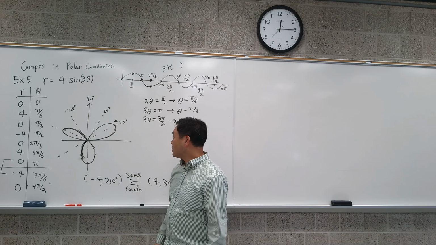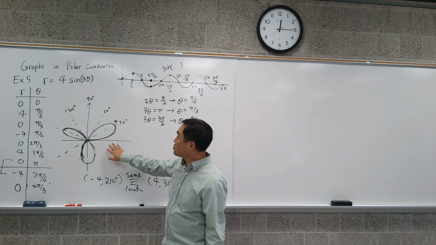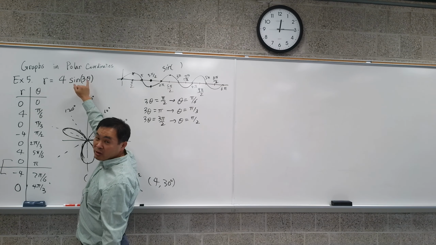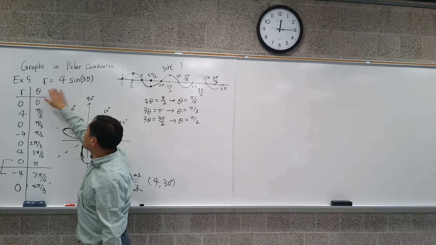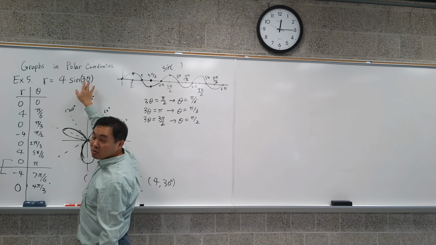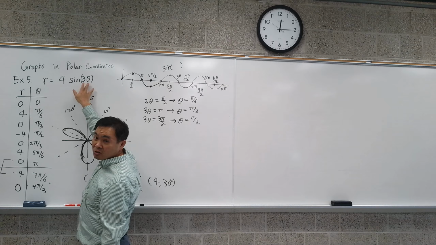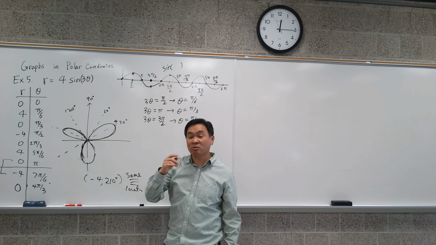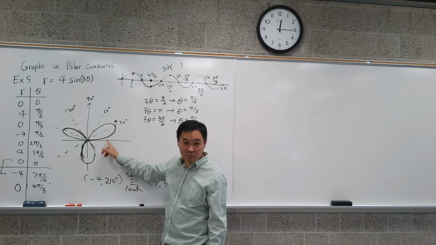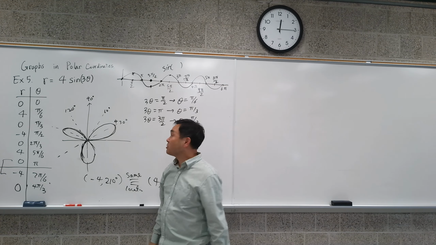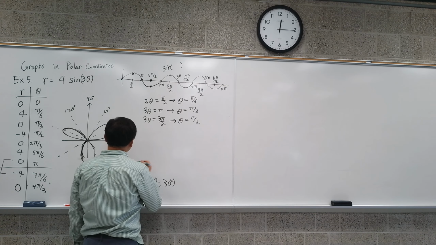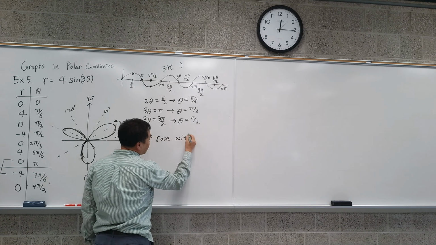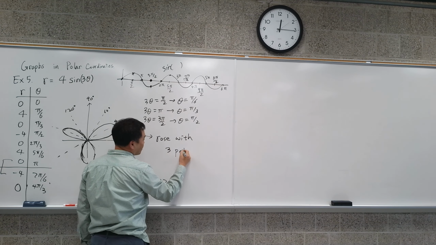Okay? So whether you draw this graph from theta going from 0 through 180 degrees, or whether you draw this graph from theta going from 0 through 360 degrees, you get the same picture, because from 180 degrees to 360 degrees, it just retraces the same exact graph. Okay? So the name for this is rose with 3 petals.